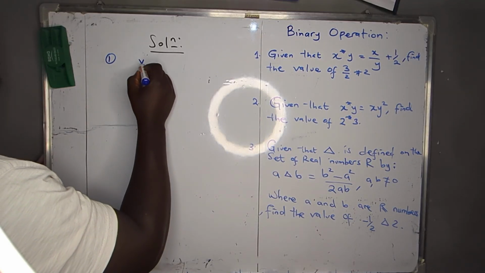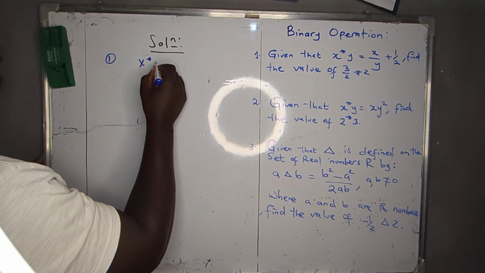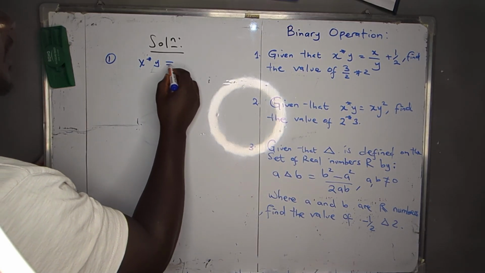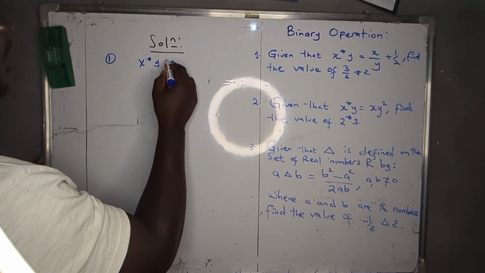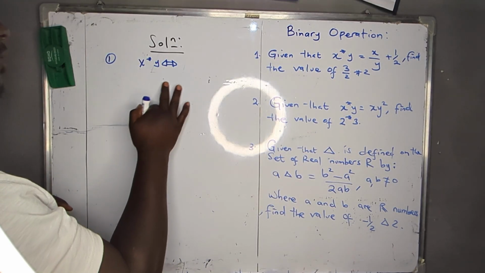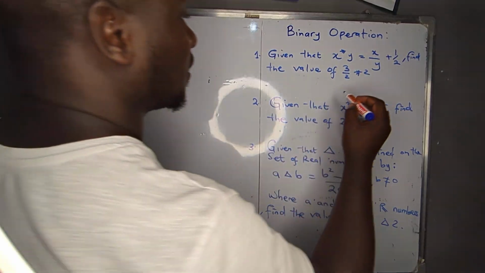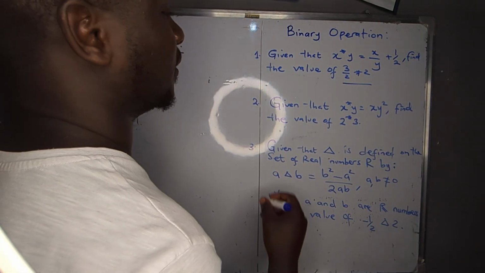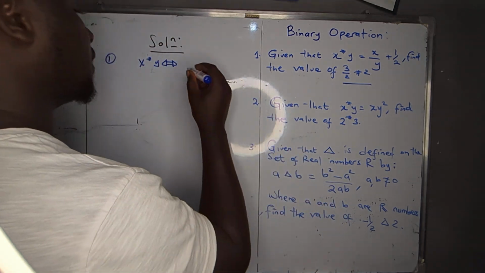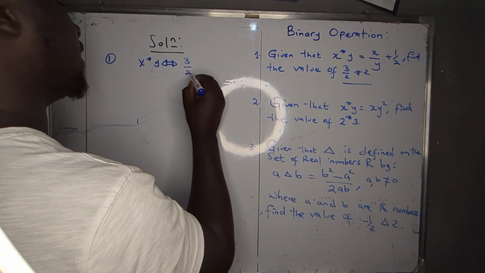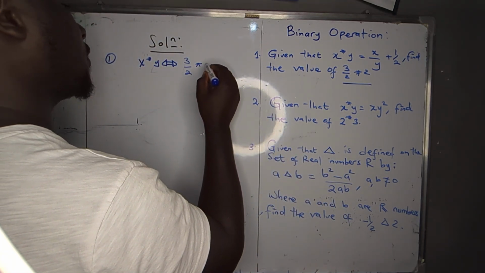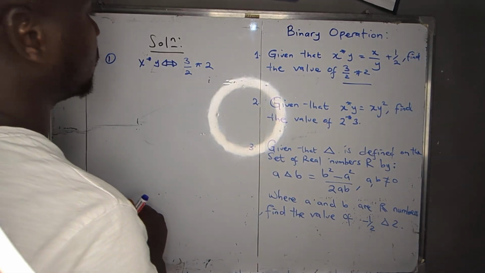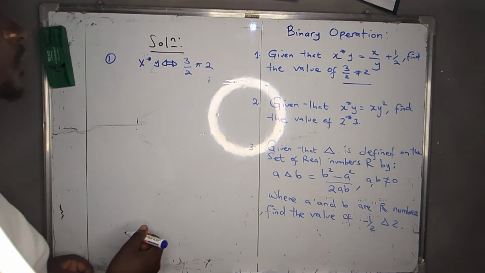What you need to know is the x star y that you have, and you compare it to the second expression that has a star, which has the operation. So it's 3 over 2 star 2.